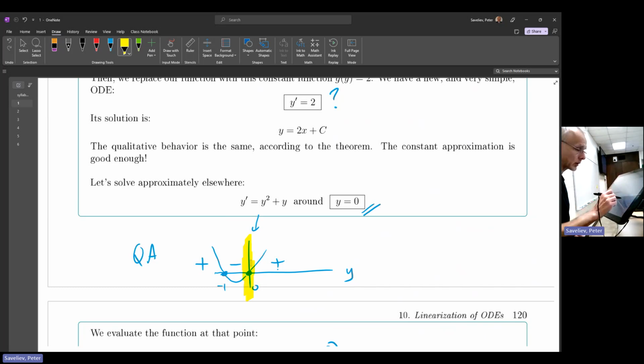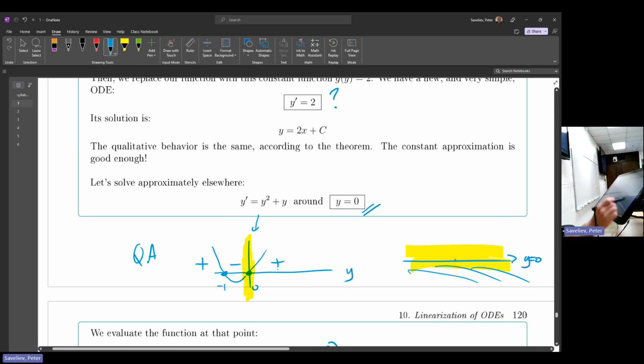If I draw it like this, let's go horizontal now. This is y equals 0. What will the solution look like in the vicinity? If I'm below the y-axis, what do they look like, up or down? Down, because of the minus sign, like this.